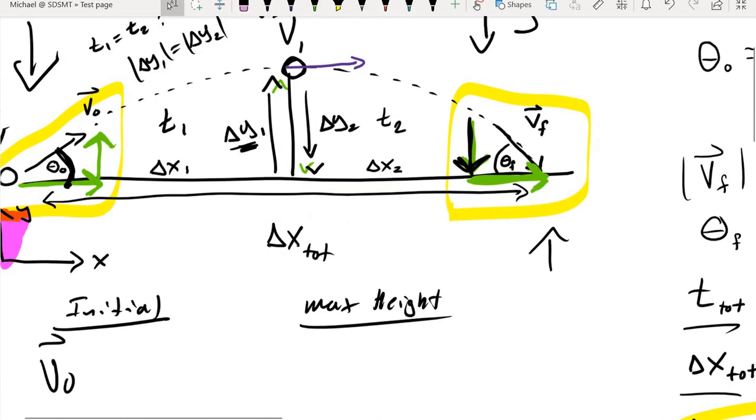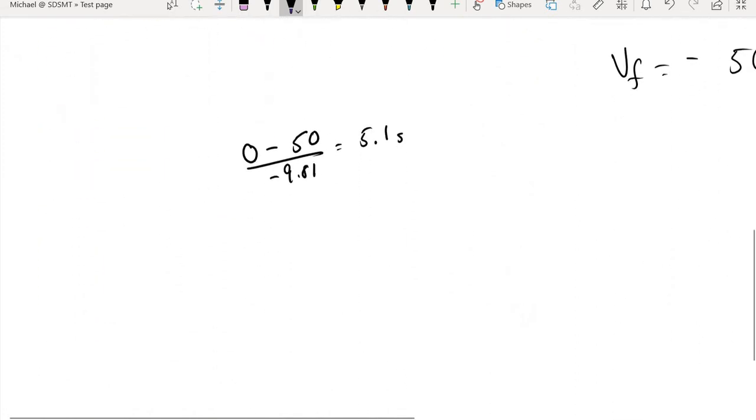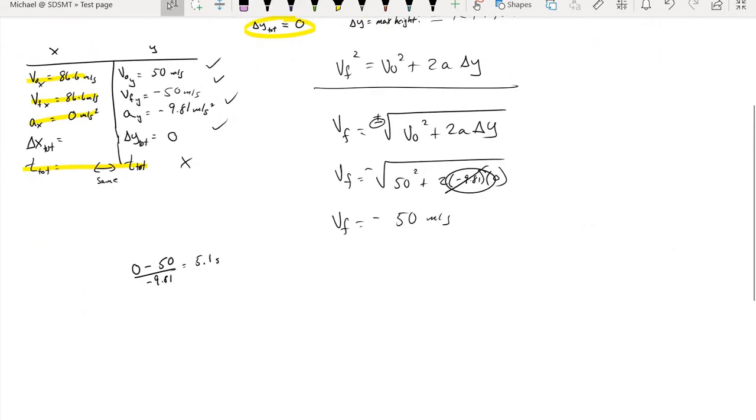Oh, that kind of looks like there might be some symmetry hidden in there as well. The initial magnitude of velocity in the y direction traveling up is the same magnitude as what we get when we land.